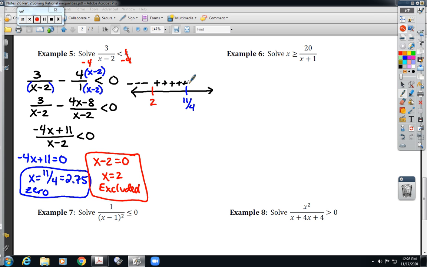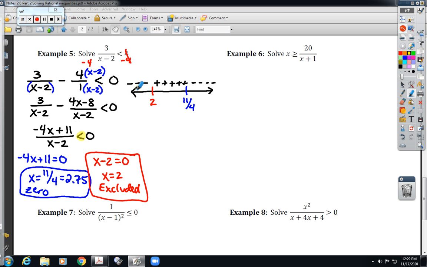Then we need one number to the right. 3 would work okay. Plug in 3, we have -12 plus 11, which is negative. And on the bottom, we have 3 minus 2, which is positive. Negative divided by a positive is a negative. So, now that the sign chart is complete, we look for where is that less than 0.